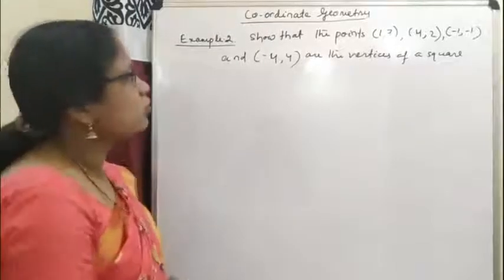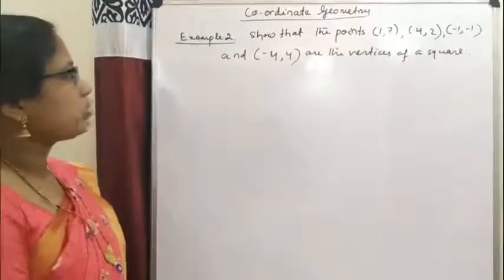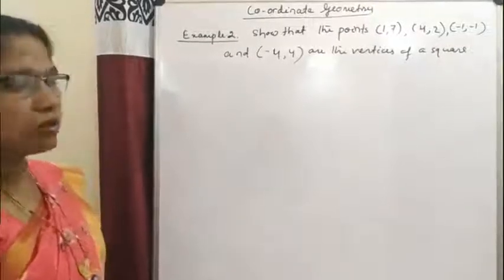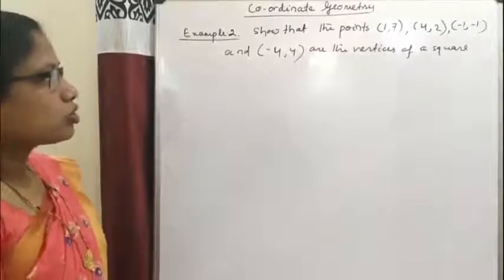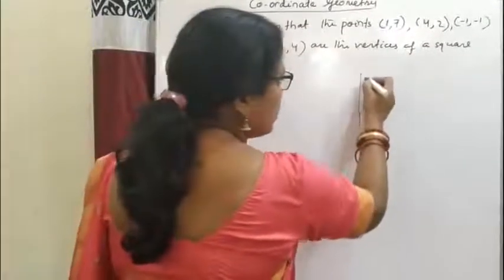Next example is, show that the points (1, 7), (4, 2), (-1, -1) and (-4, 4) are the vertices of a square. So let these be the points of a quadrilateral ABCD.